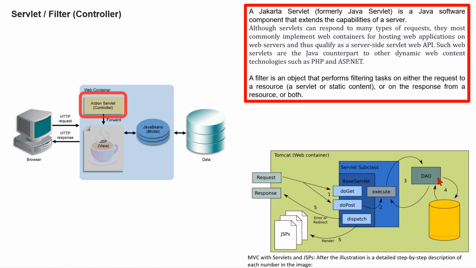The data access layer handles all conversation with the database and passes only objects back to the servlet. Step 5, after loading or updating the data, the subclass of the base servlet only needs to return a string that says how the response should be handled. The dispatch method will handle the forwarding to JSP or a redirect instruction back to the browser. If an exception is thrown by the execute method, it will be handled and redirected to the error.jsp page.